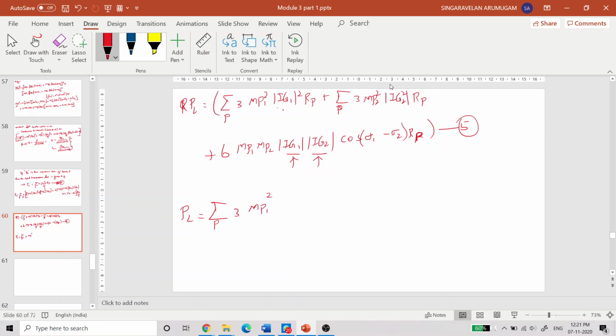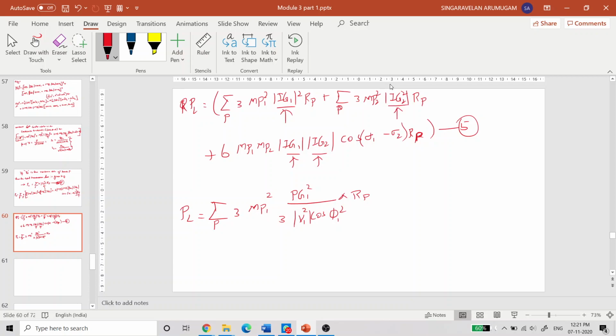So for the Ig value, I am substituting this value as Pg1 square divided by 3 V1 square cos phi 1 square into RP. So the first is over, and second I am coming here, and also I am going to apply this.